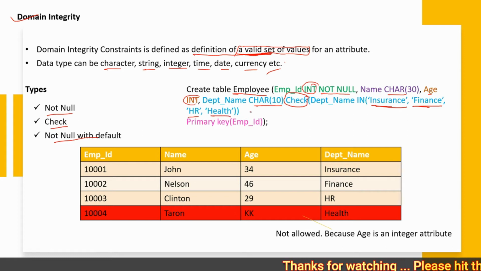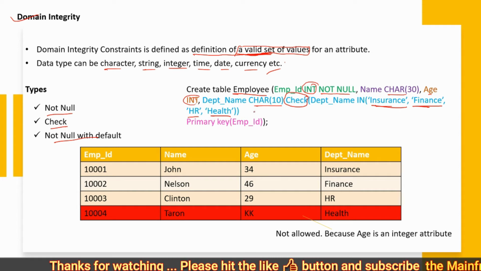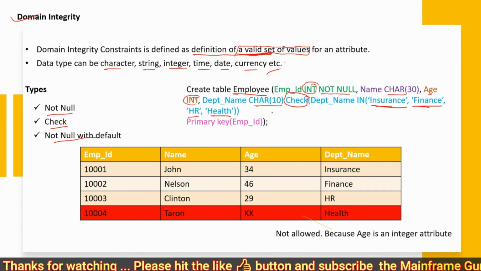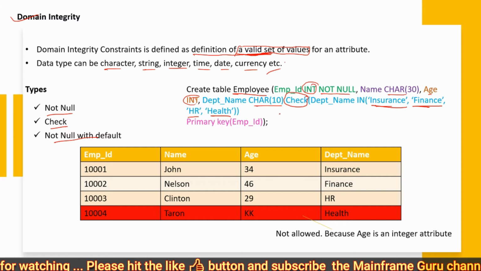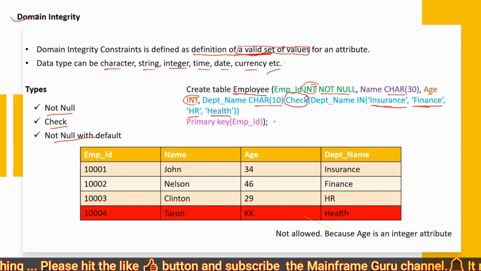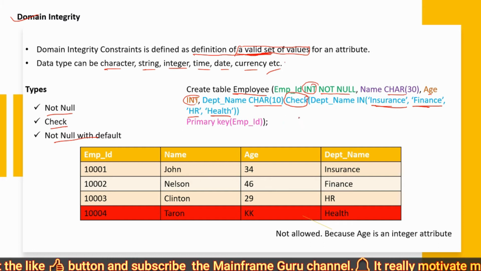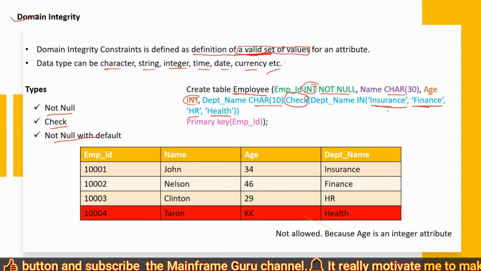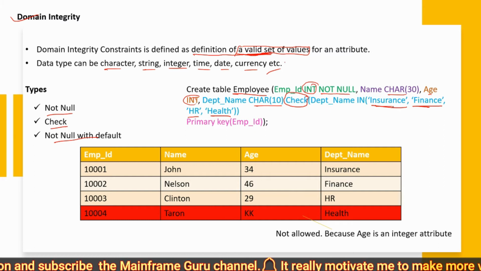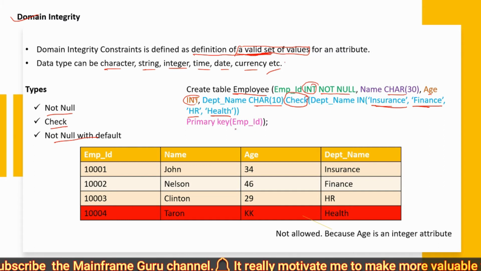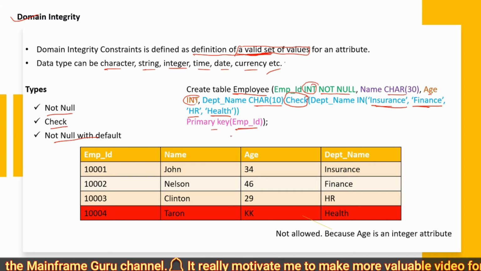Means if we are trying to insert any other value into the department name, other than insurance, finance, hr, health, we will receive the error. Means a domain integrity constraint throws an error to us, based on the conditional check, you can say. And we have the primary key employee id.